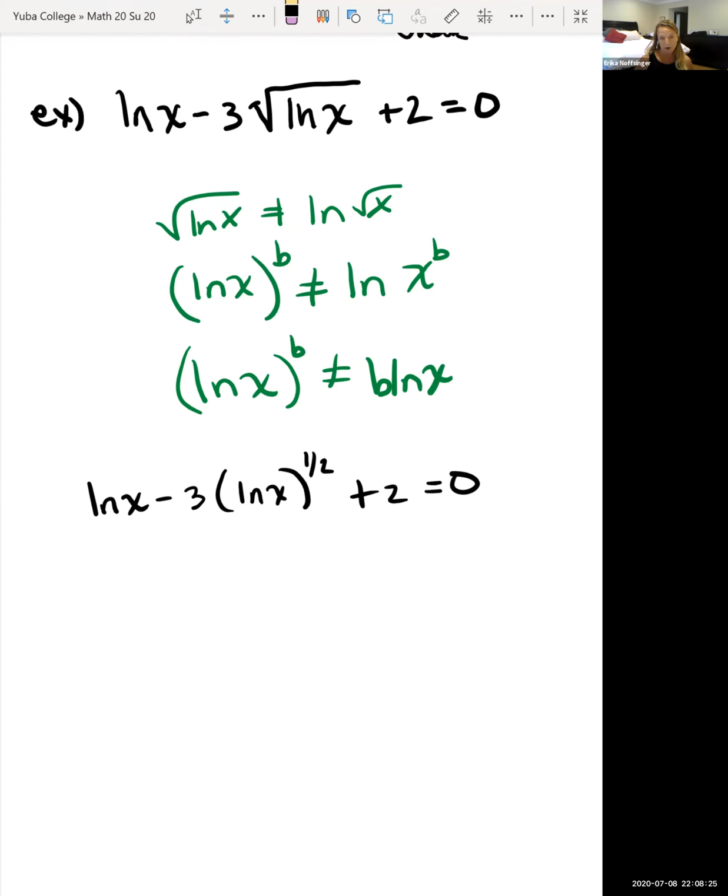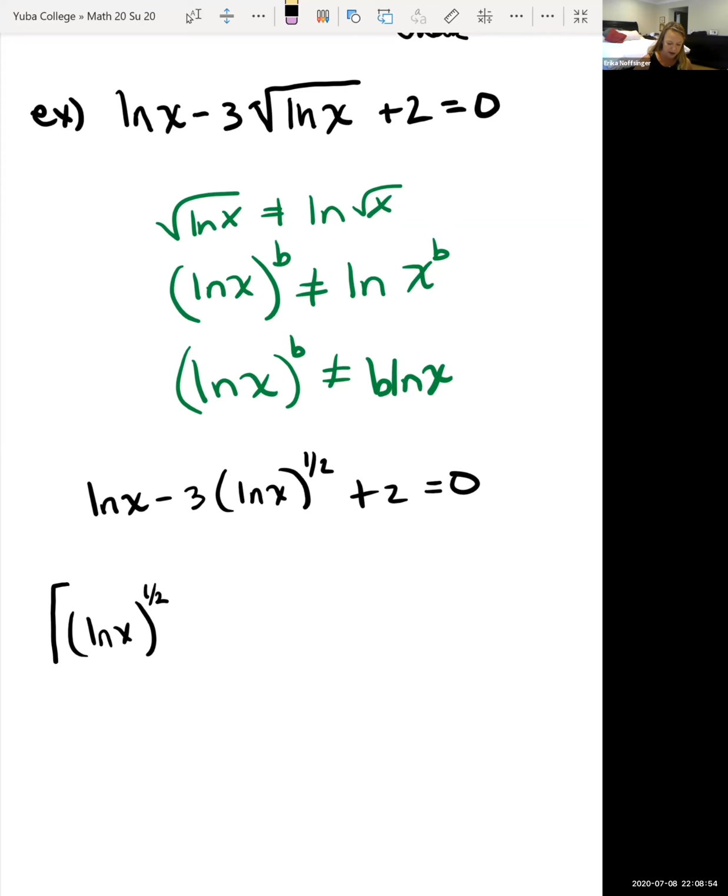So I'm trying to make this look like a quadratic. I know power to power is multiplication. So if I have natural log of x, and that piece is all raised to the 1/2 power, I'm also trying to make this first term look identical to this middle term. So when I use my u substitution, it's a quadratic.